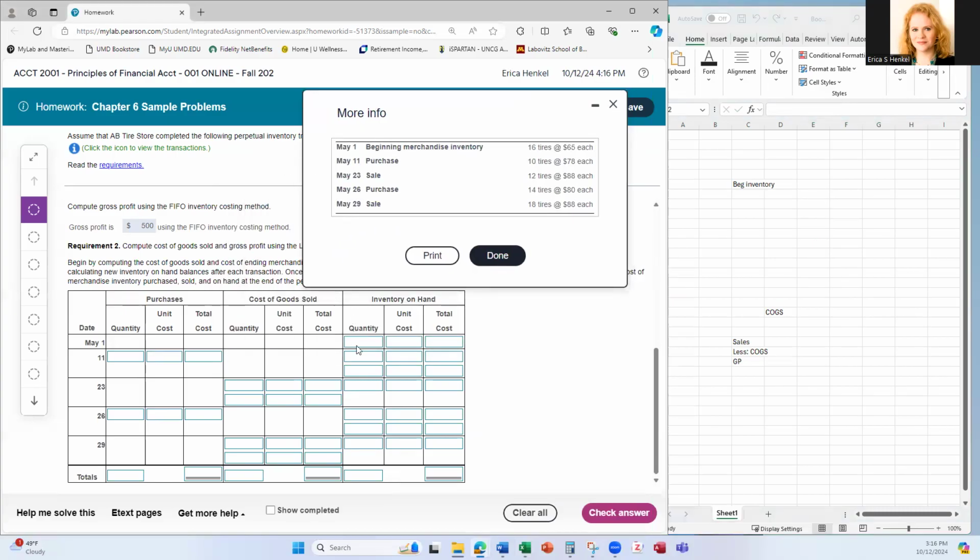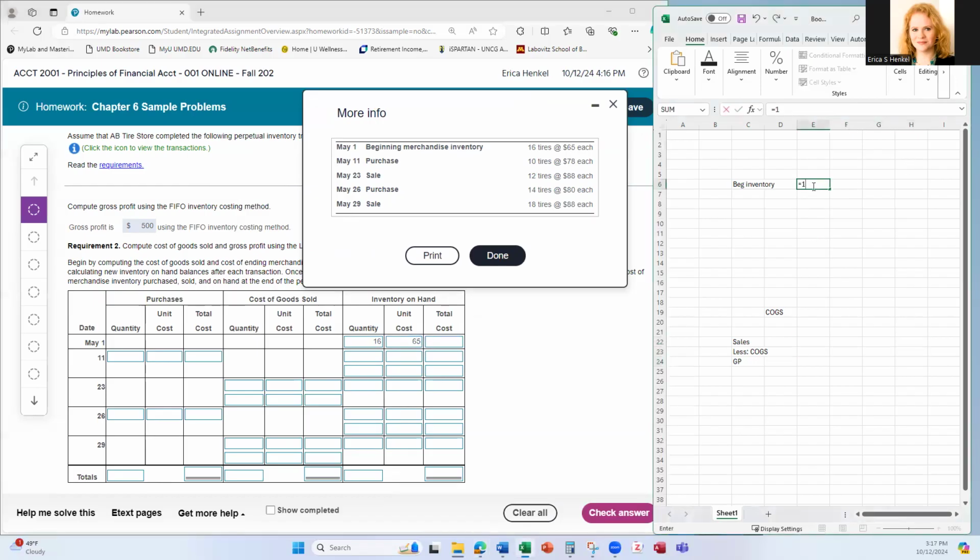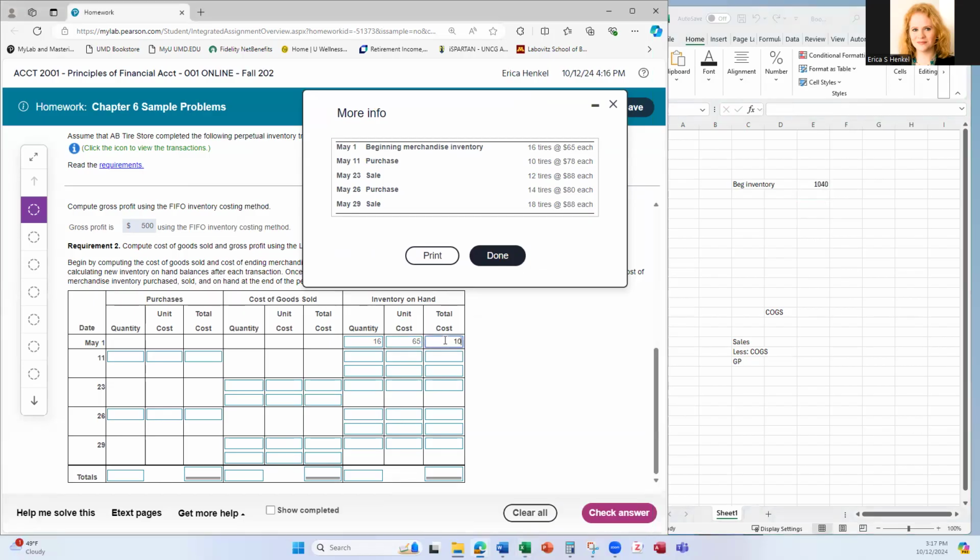We're going to start off with the exact same inventory method: quantity of 16, cost of $65. So 1,040 for beginning inventory, just like we did before, okay? And then again, our first purchase is exactly the same.